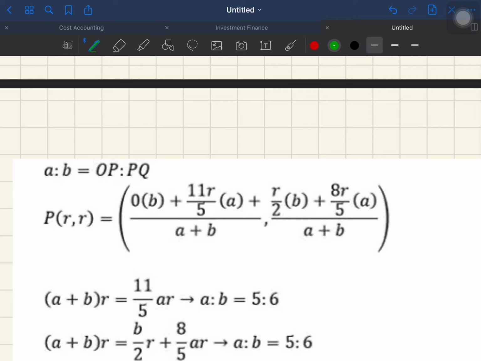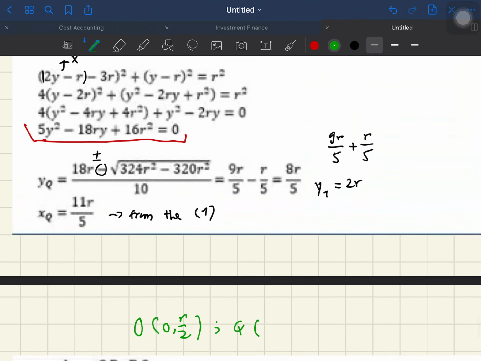And then we know that the coordinate of P is (r, r), and then O has a coordinate of (0, r/2), and then Q has a coordinate of (11r/5, 8r/5).